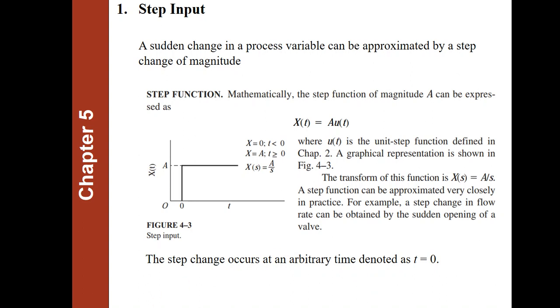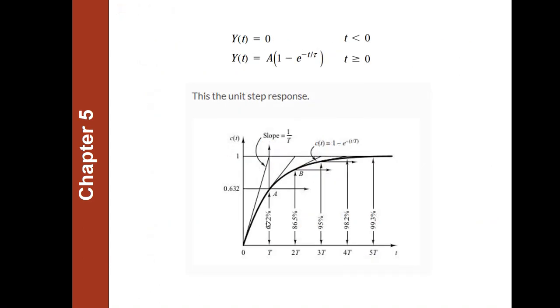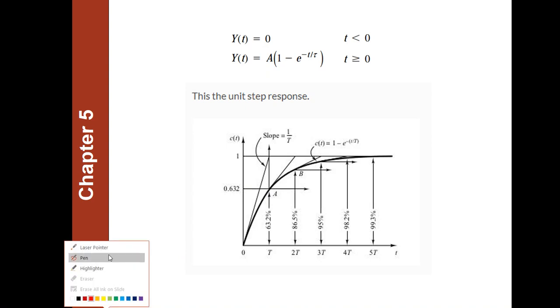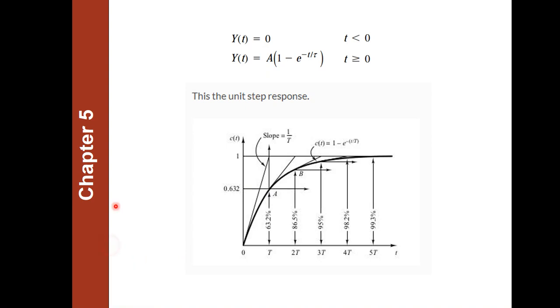Now, since we know already that a sudden sustained change in a particular variable is a step input, then we should know what its response is. The response to a step input of magnitude A would be this equation that you are seeing here. There's no need for you to go through the derivation because we have discussed it already.